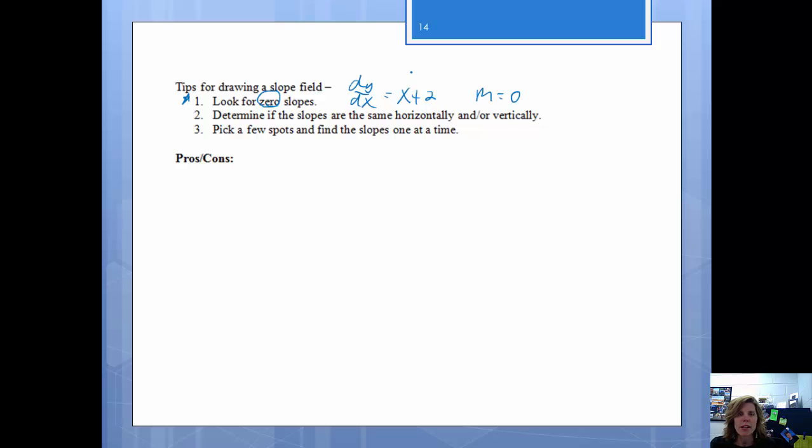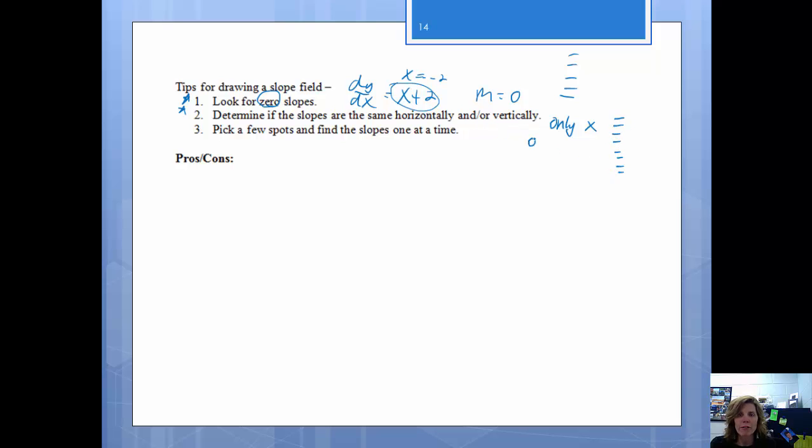In this case, it would be at x equals negative 2. So everywhere where x equals negative 2, there's going to be a slope of 0. Okay, the next thing that I like looking for is to determine if the slopes are the same horizontally and vertically. If there's only an x in the problem, like there was right here, we are going to have vertical 0 slopes.